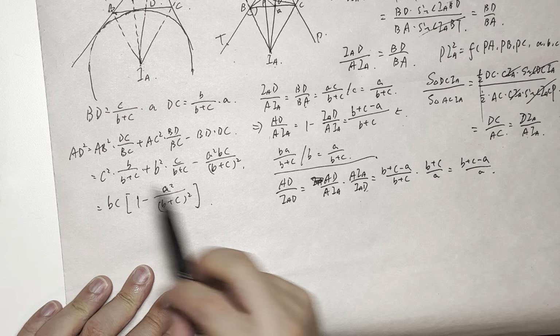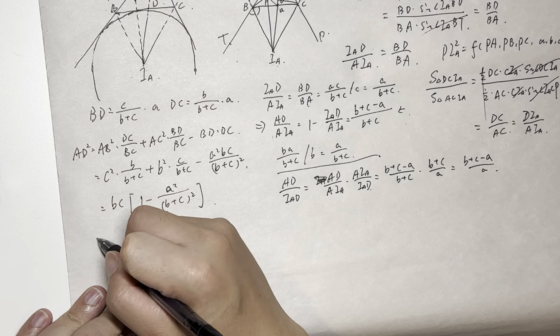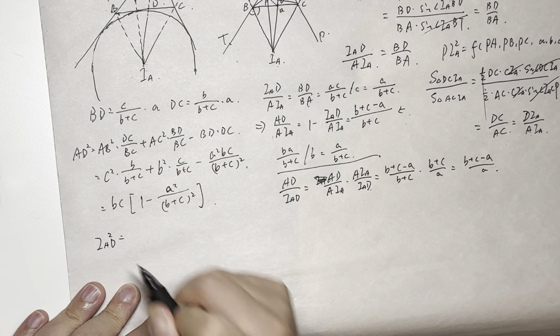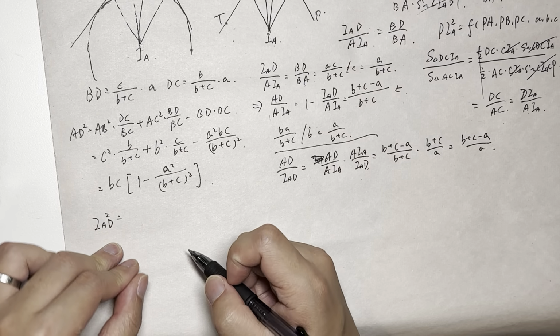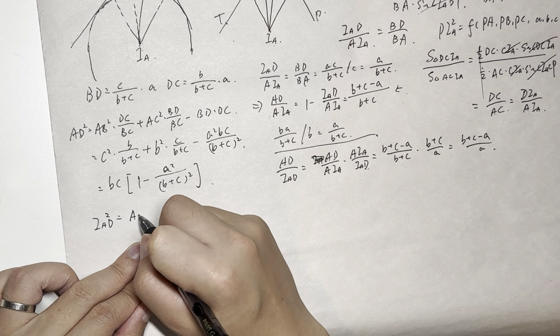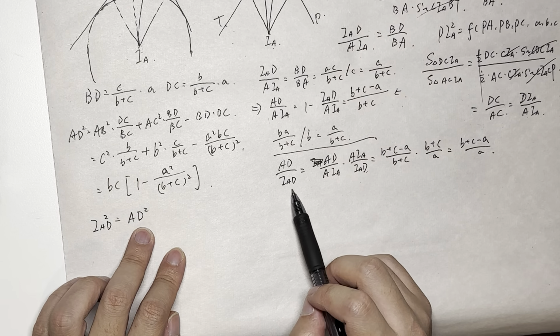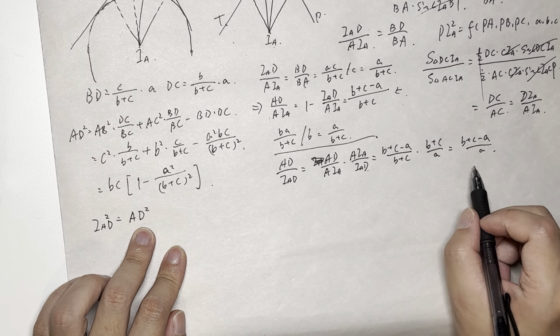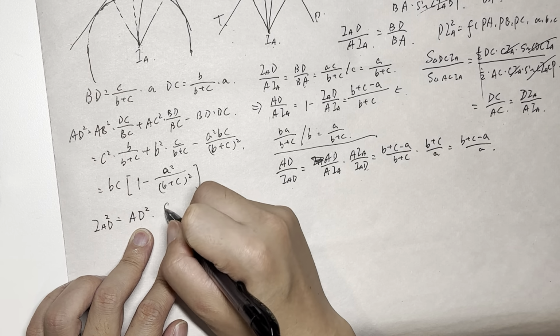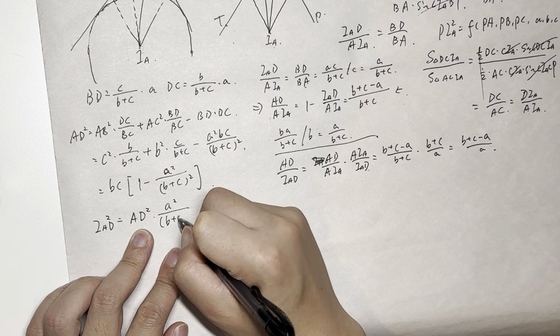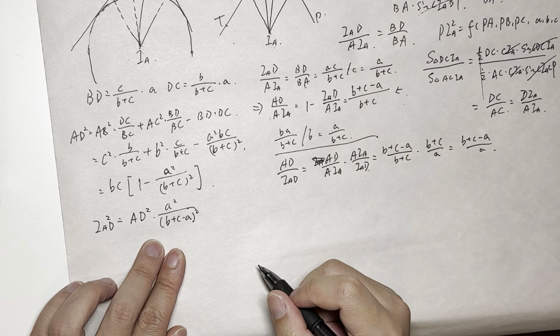So we have AD already, then IAD square equals AD square times A square divided by B plus C minus A square, right?